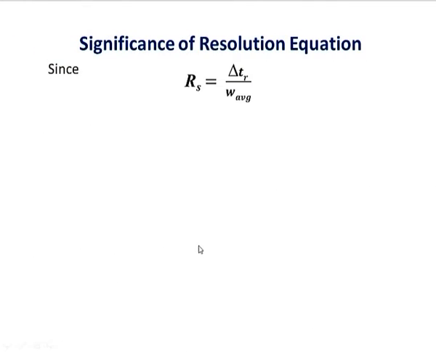What is the significance of this equation? RS equals delta TR upon W average, or it is twice delta TR upon WA plus WB.